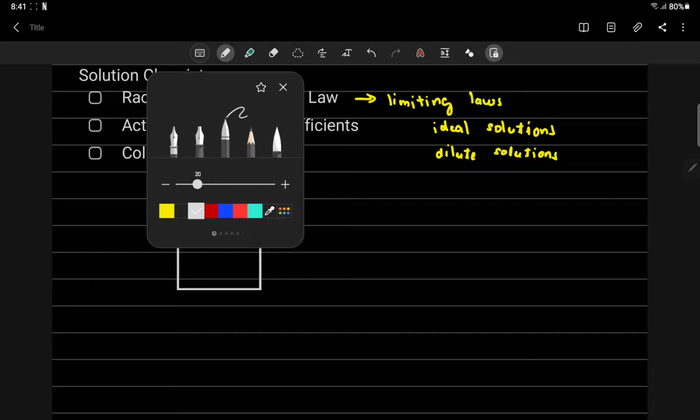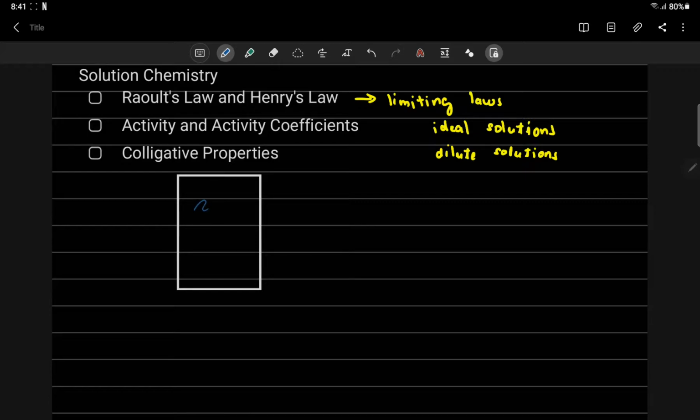Let's say water lang yung solvent natin. Tapos, dissolved in this aqueous solution is some particles, no? So, molecules nakadissolve doon sa solution.